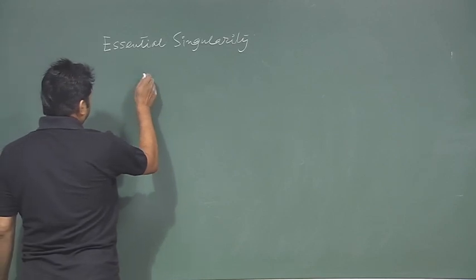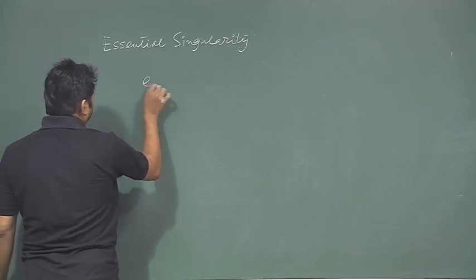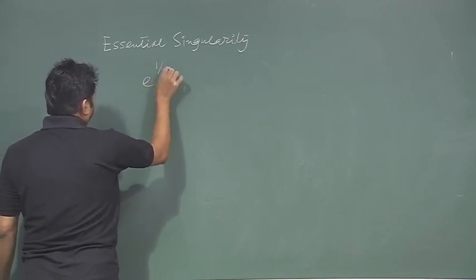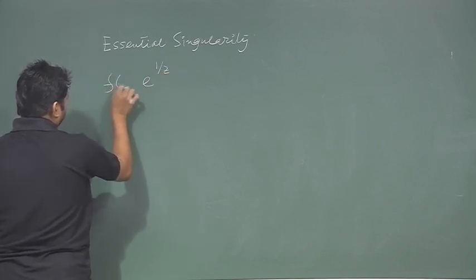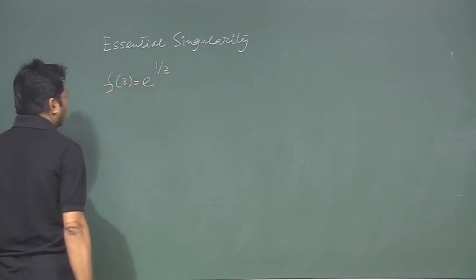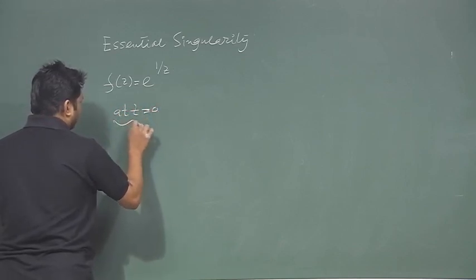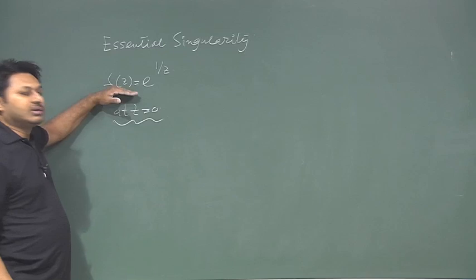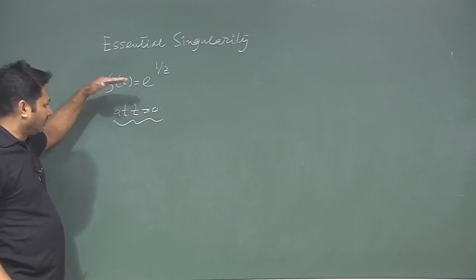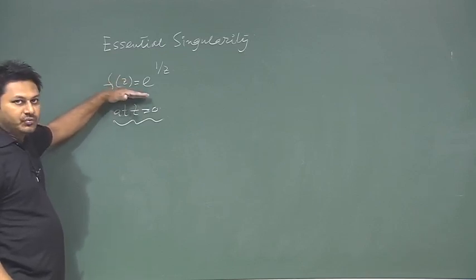For example, the expression e to the power 1 by z. At z equal to 0 point, this function has an essential singularity. So, the singularity is there, you can't remove it anyway.